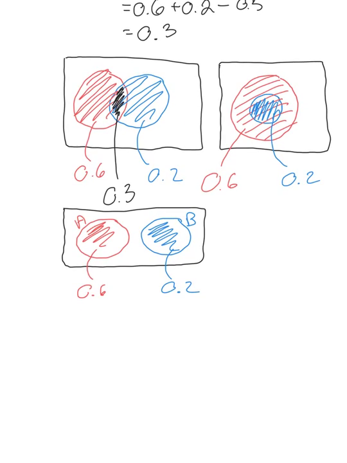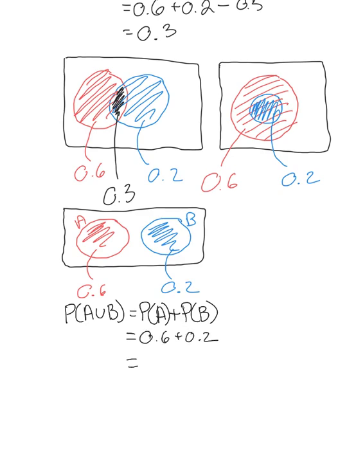So in this situation down here, we have that the probability of A union B is equal to the probability of A plus the probability of B. And they are independent, so there is no intersection. So the total probability is 0.6 plus 0.2, which equals 0.8. So that's the maximum amount of probability that can happen when two events are independent.